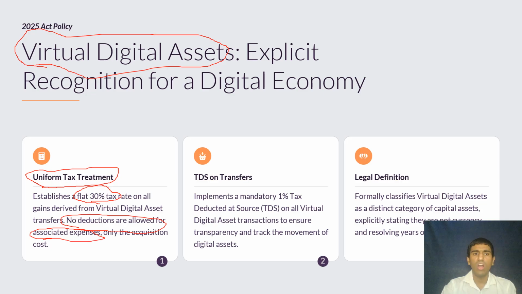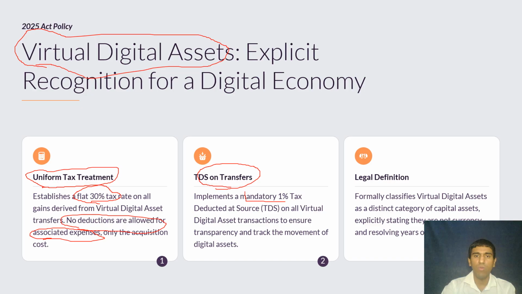And any loss you have incurred on VDAs cannot be set off against any other income. So that's an issue, but we're going to have to deal with it. It's somewhat like how under the old act, losses on lotteries couldn't be set off against other income.